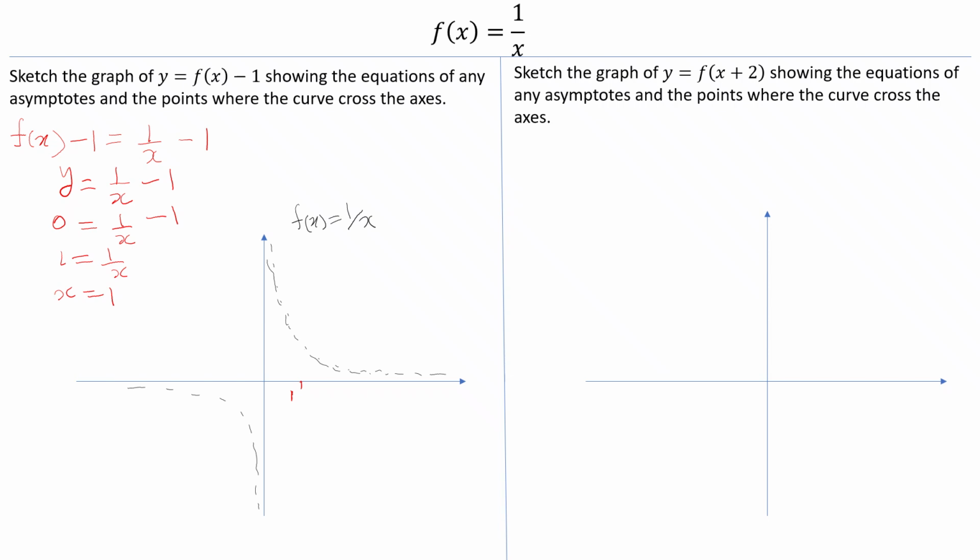So the new graph is shifted by negative 1. This is y equals negative 1. So the asymptote moves downwards by 1.